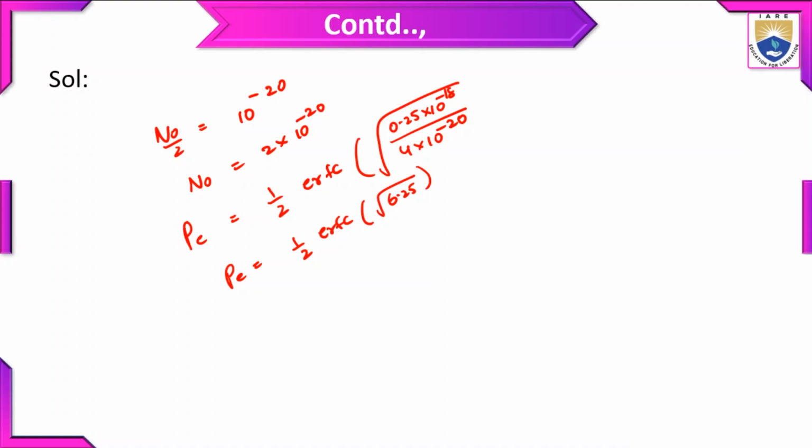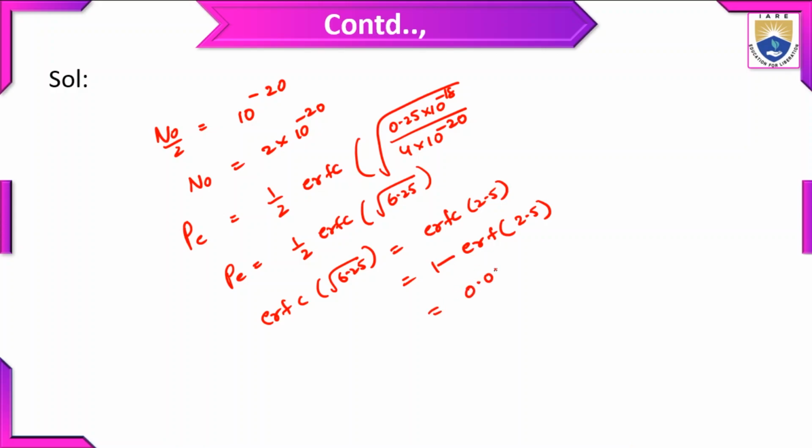So again using the table of error function. So erfc of square root of 6.25 is equal to erfc of 2.5. So that is equal to 1 minus error function of 2.5. So again we will solve this error function. 0.0041.